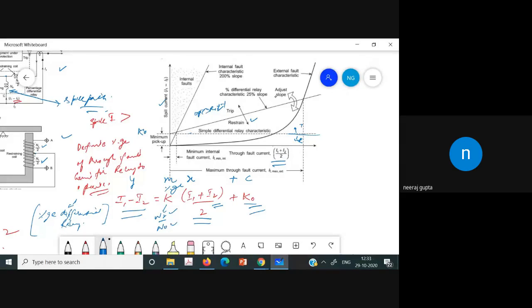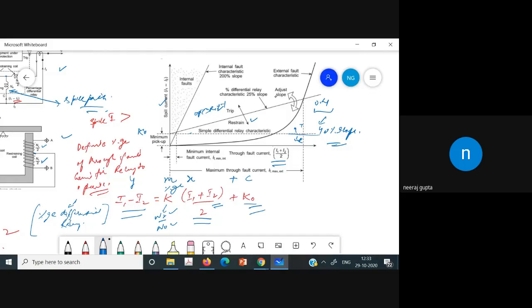The slope of the relay is expressed as a percentage: if you have a slope of 0.4, it is expressed as a 40% slope.